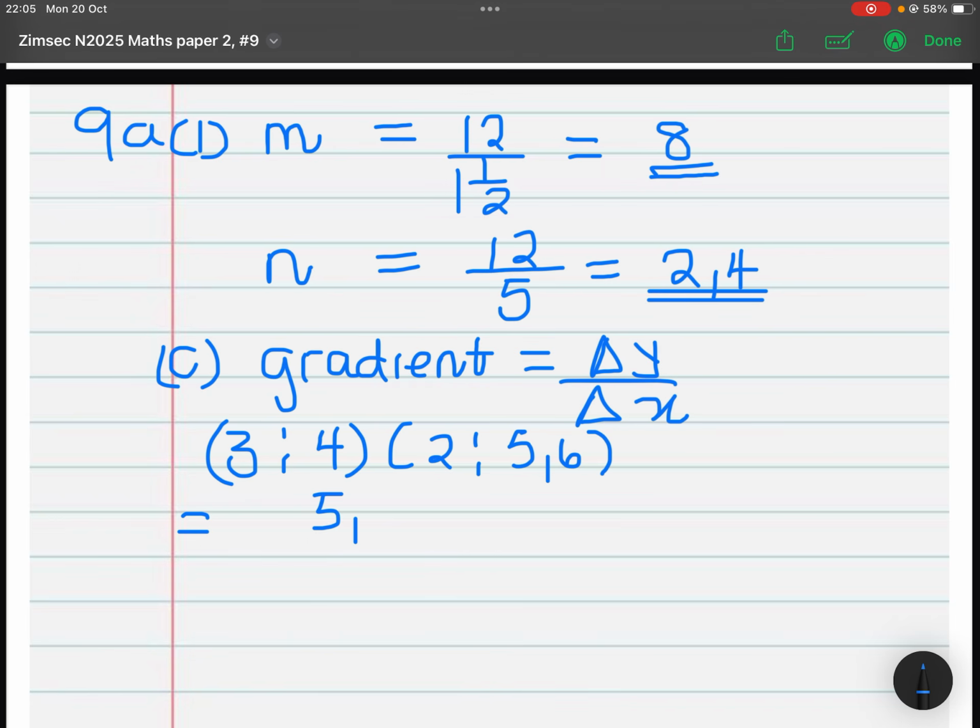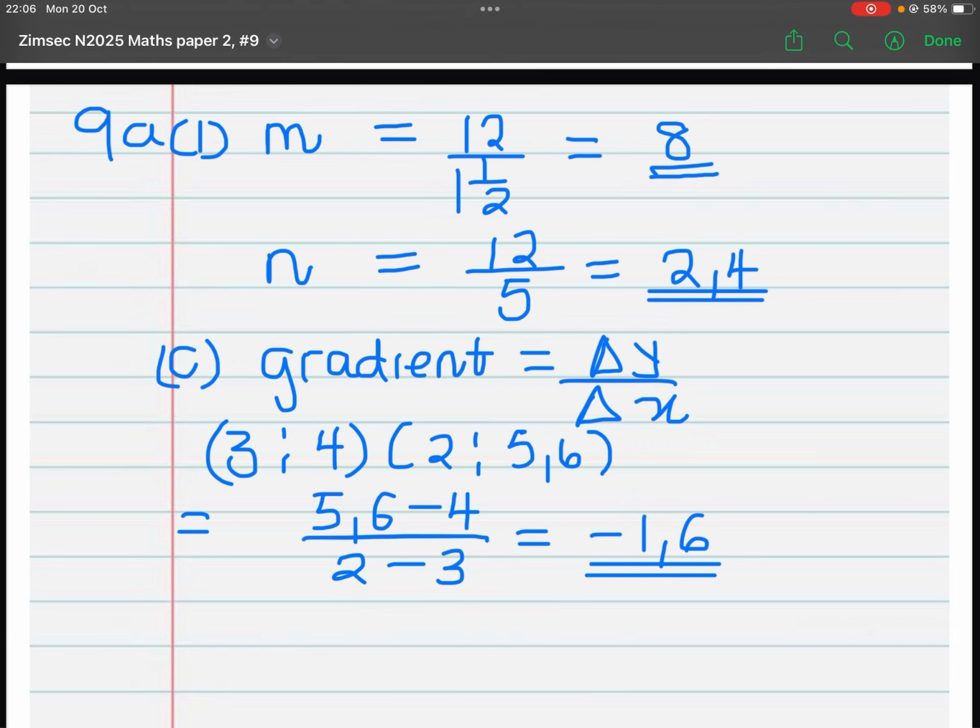So we say change in y over change in x. Change in y, we say 5.6 minus 4. And then change in x, we say 2 minus 3. And we are going to get our gradient is negative 1.6. This is going to be our gradient.